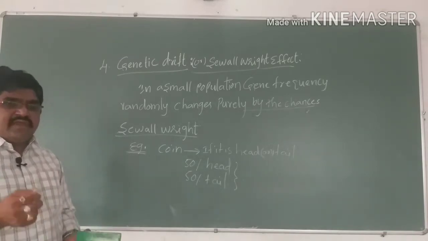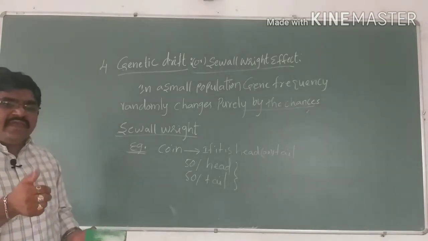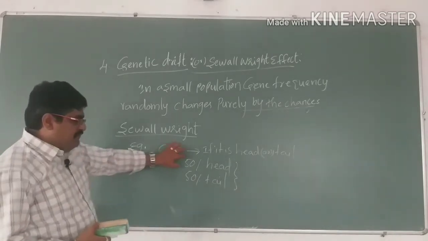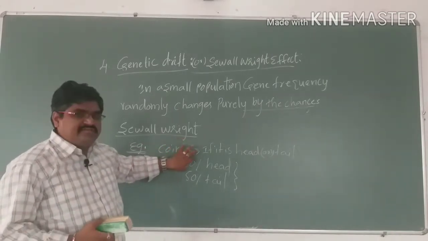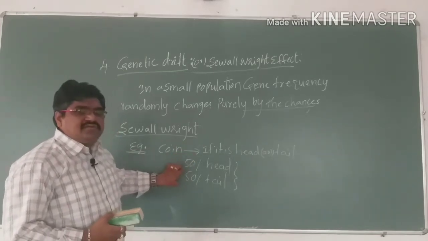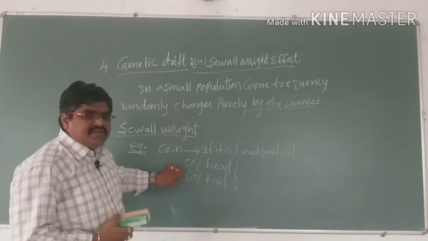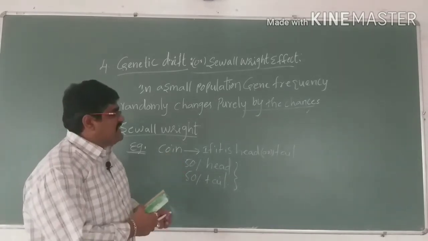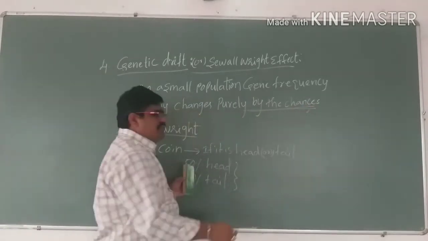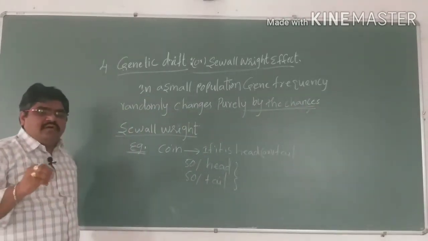That means if you take a coin and toss it for head or tail, 50% of the time a head will be produced and 50% a tail. So it happens purely by chance, and it can occur in a small population only.